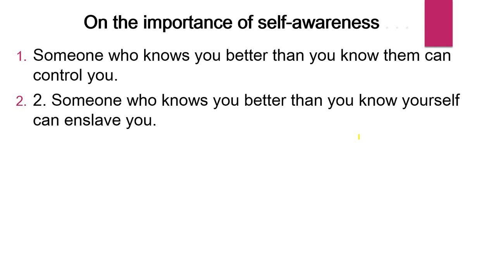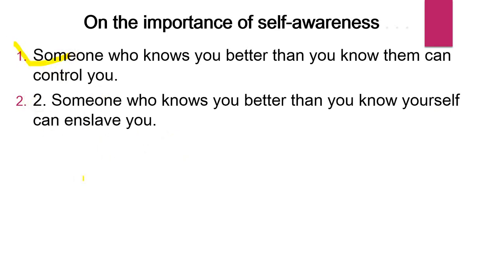Okay, so let's see. Someone who knows you better than you know them can control you. Second, someone who knows you better than you know yourself can enslave you. These are the two situations.